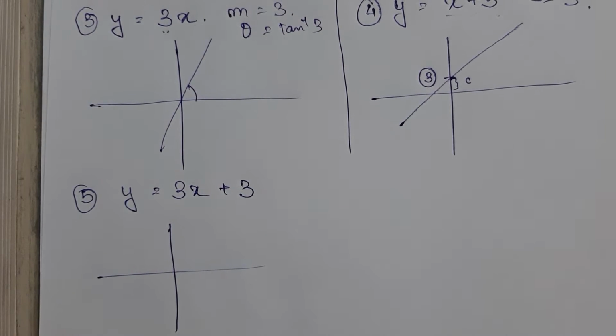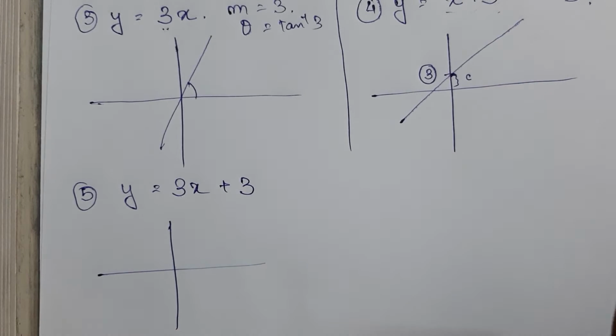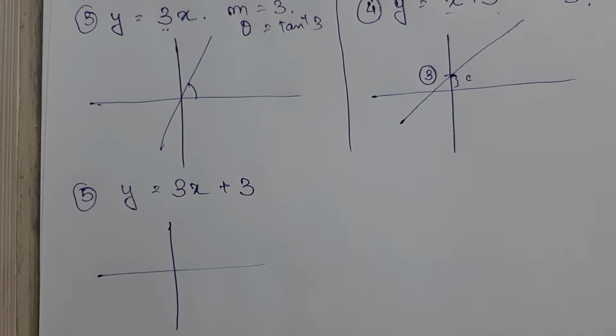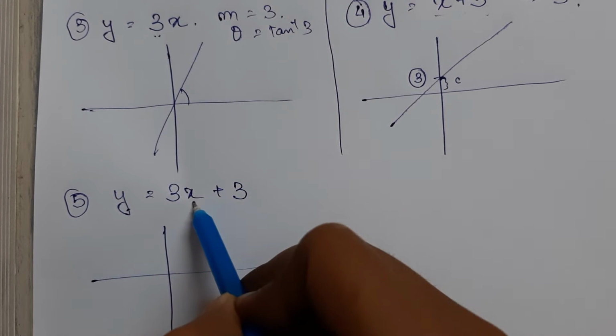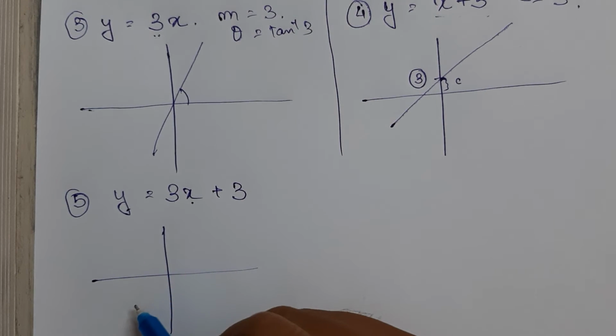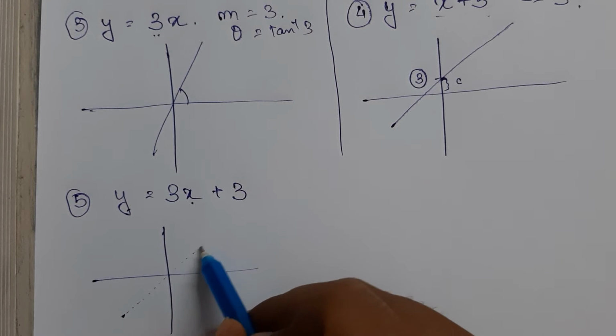If there is a composition, the easiest way to draw is to first take the base element. What is the base function here? It is y is equal to x, the basic function. So I am drawing y is equal to x in a dotted line.